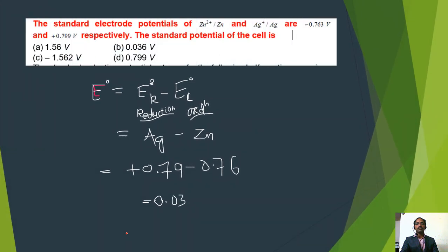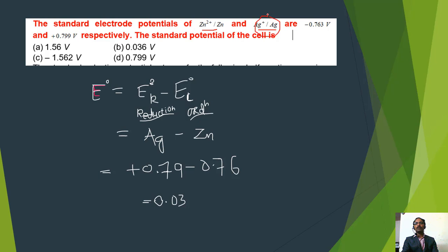We can solve one question. The standard electrode potentials of zinc plus 2 to zinc and Ag plus to Ag are given. We have to calculate the standard potential of the cell. Tell me, here, zinc plus 2 to zinc and Ag plus to Ag, which is oxidation and which is reduction?